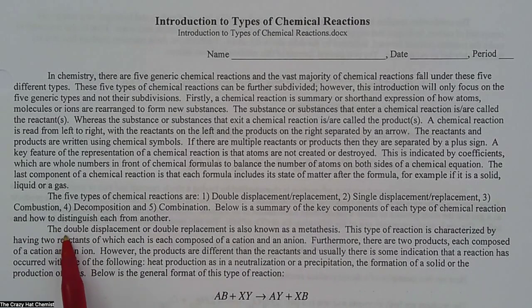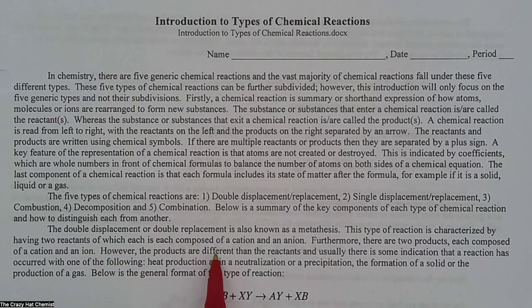The double displacement or double replacement is also known as a metathesis. This type of reaction is characterized by having 2 reactants, of which each is composed of a cation and an anion. Furthermore, there are 2 products, each composed of a cation and an anion.